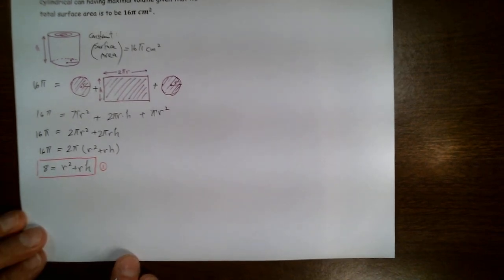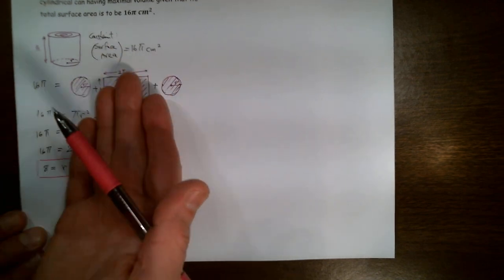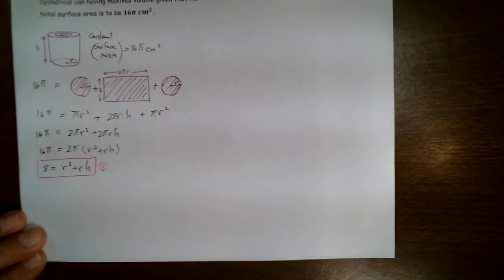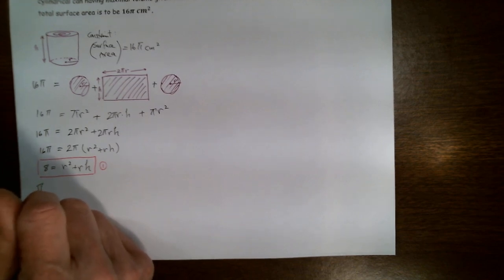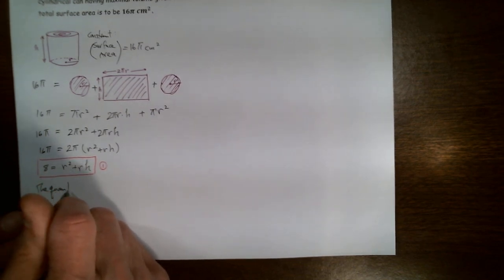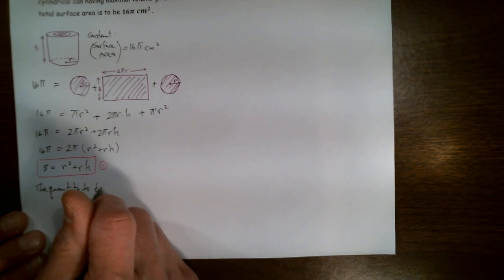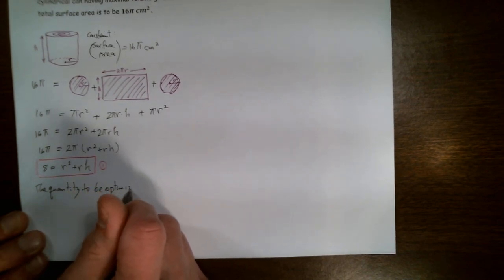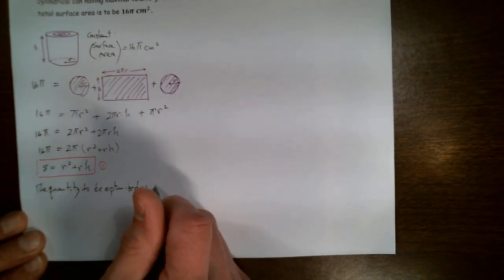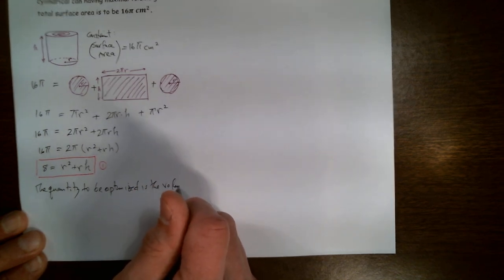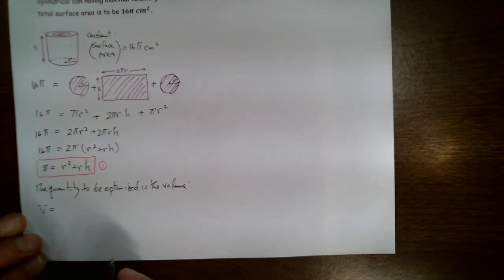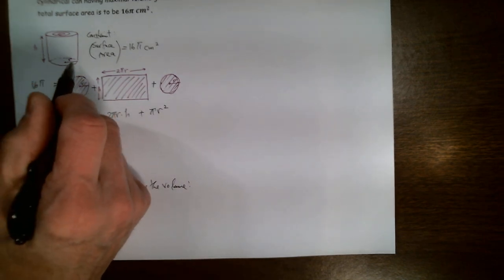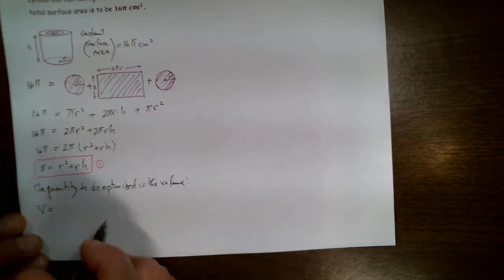Now, what we are trying to do in this problem, of course, is to optimize, to maximize the volume of the can. So let's write that down, right? The quantity to be optimized is the volume. And the volume of the cylinder is going to be the area of the base times the height.